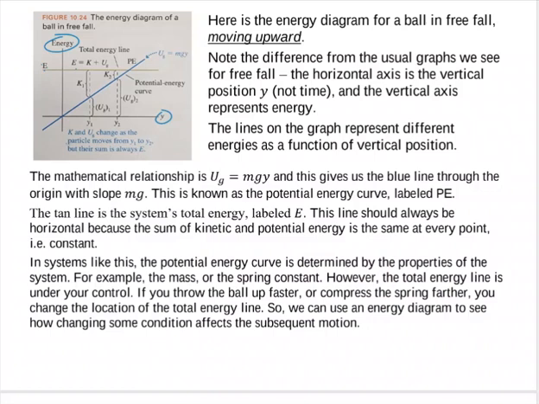Down here we have the kinetic and potential due to gravity change as the particle moves from y1 to y2, but the sum is always E. So the sum, energy equals kinetic plus potential, is always going to add to the total energy.